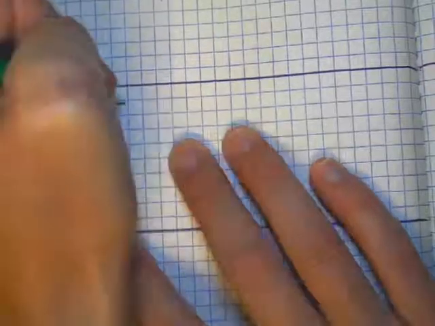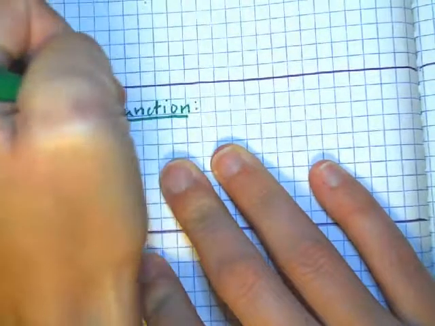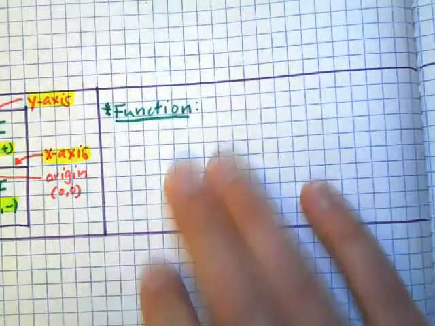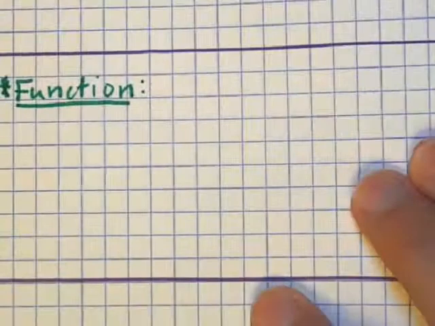Do you remember what function means? It's a word you should have heard before. Today's pretty much a review day. That's okay if you don't remember it, that's why we're talking about it today.